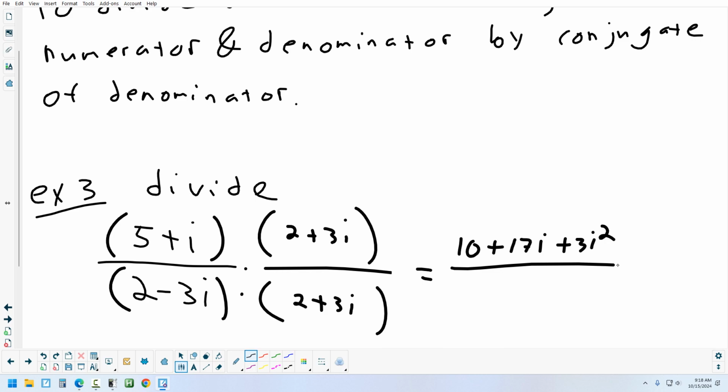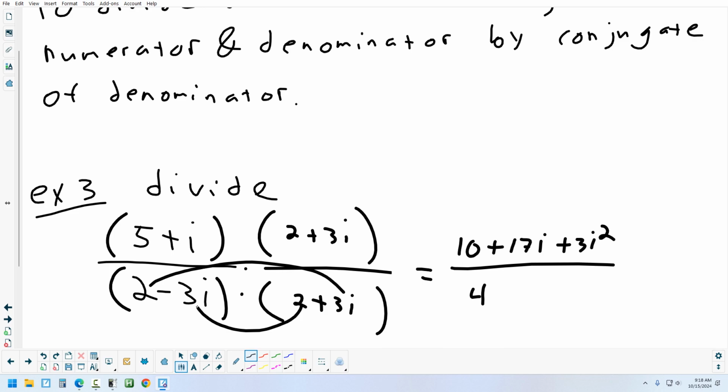Let's do the bottom. So we get 2 times 2 is 4. What's 2 times 3i? 2 times 3 is 6i. And what's 2 times negative 3i? Negative 6i.